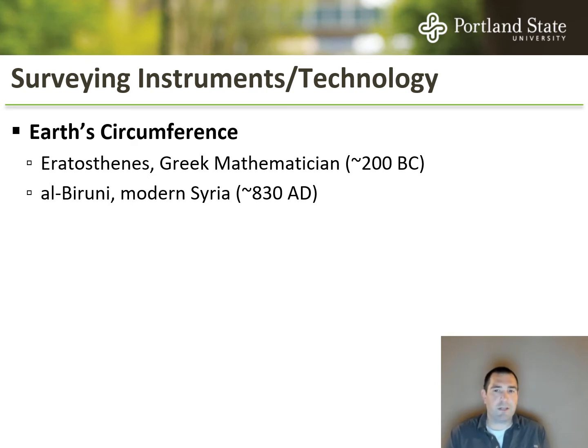And so the nascent kind of geodesy, or the analysis of the shape of the Earth, started with a couple Greek mathematicians. There was Eratosthenes and a couple of other Greek mathematicians.